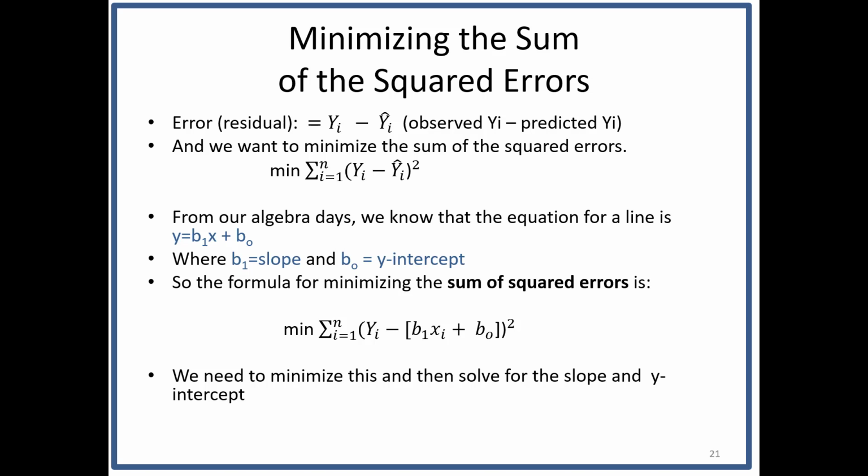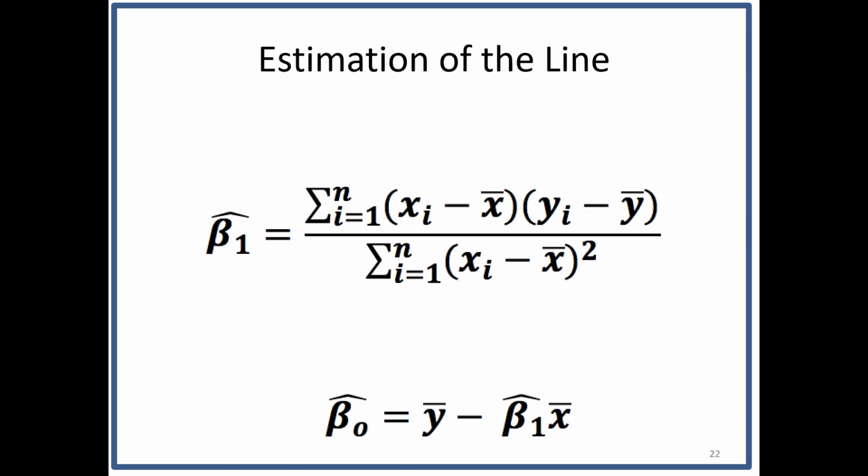We will not worry about the calculus in this course, as it is not a calculus-based statistics course. But once we minimize, we can calculate both the estimate, or the predicted beta 1, right? That's the slope, and beta naught. Right, we've moved from b's now to betas.